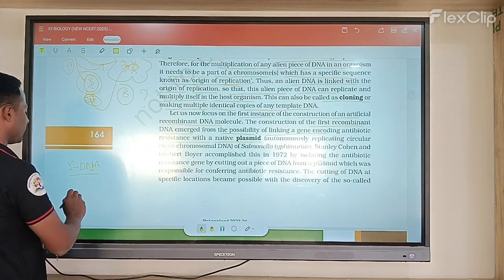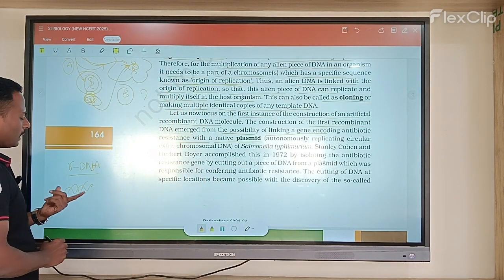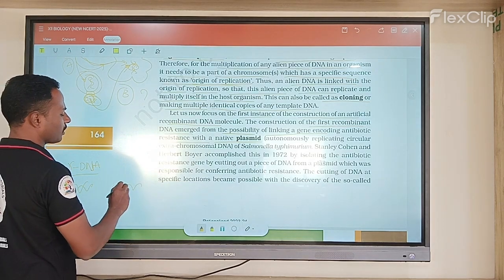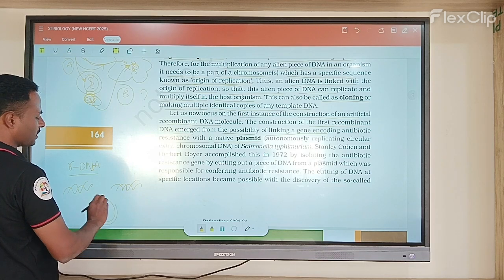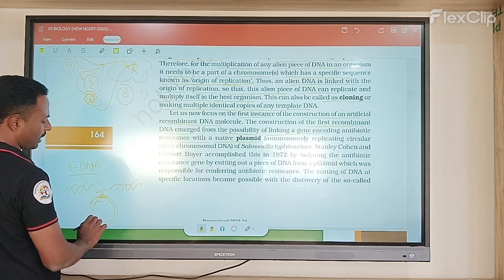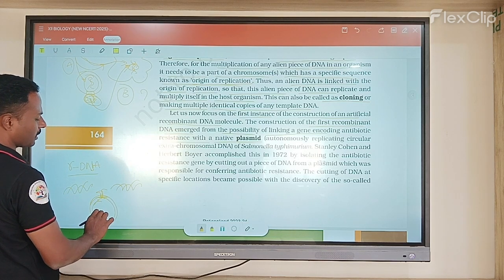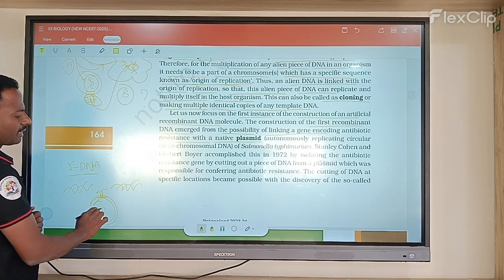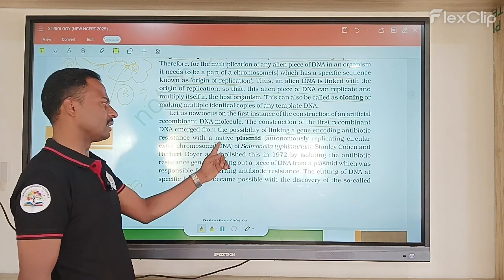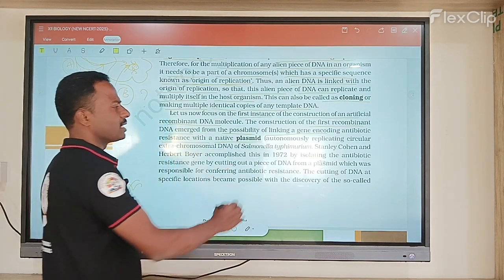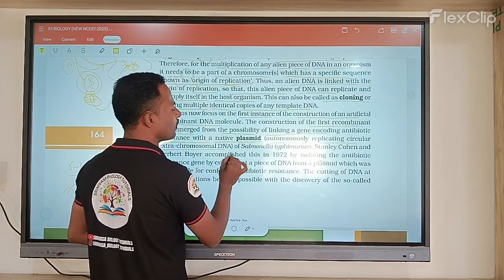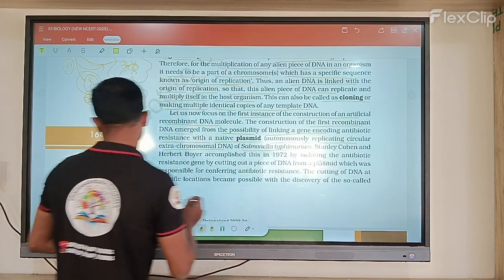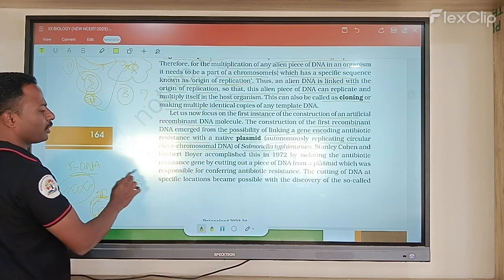Here, the foreign DNA is added into a vector DNA. The ori site allows the DNA to replicate autonomously as a circular extrachromosomal DNA, for example in Salmonella typhimurium, and it is in E.